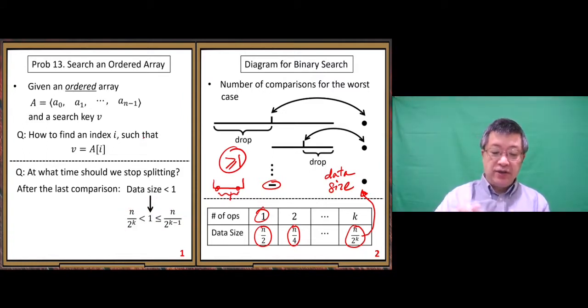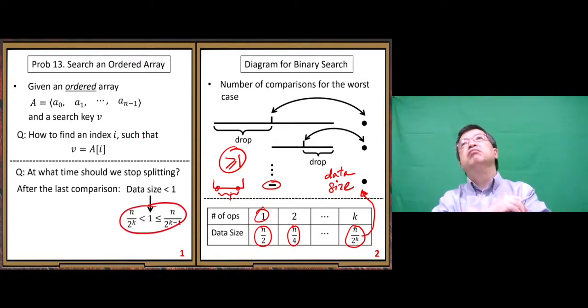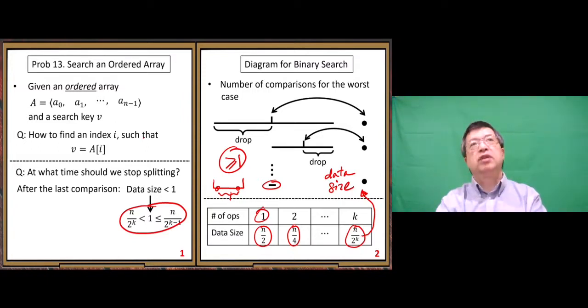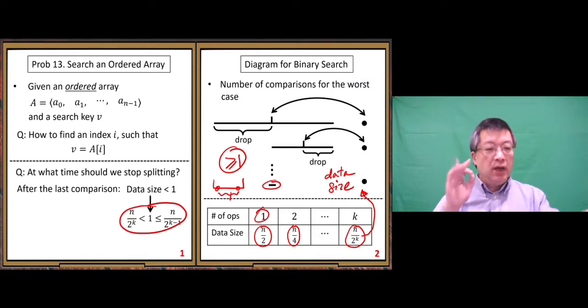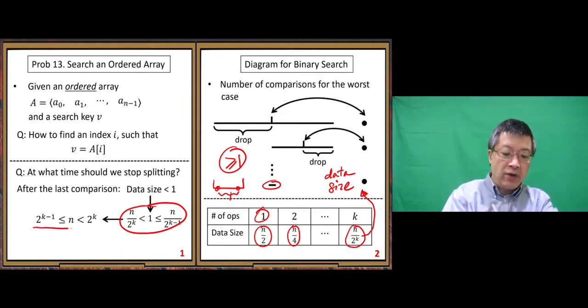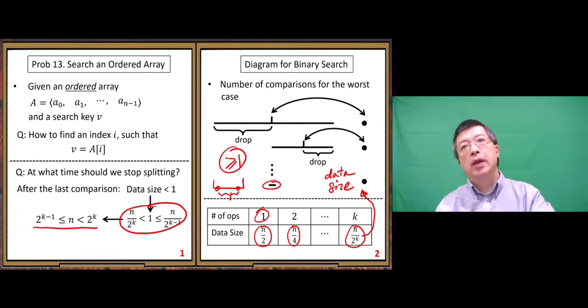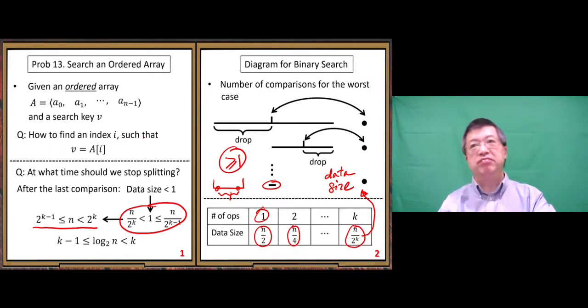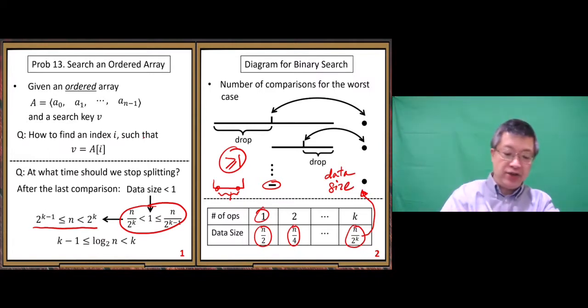This inequality is important to catch the critical point. Next, we just do the math to simplify this inequality. Eliminate the denominator, so we get the equivalent inequality like that. Then we take log base 2, so we get this expression.